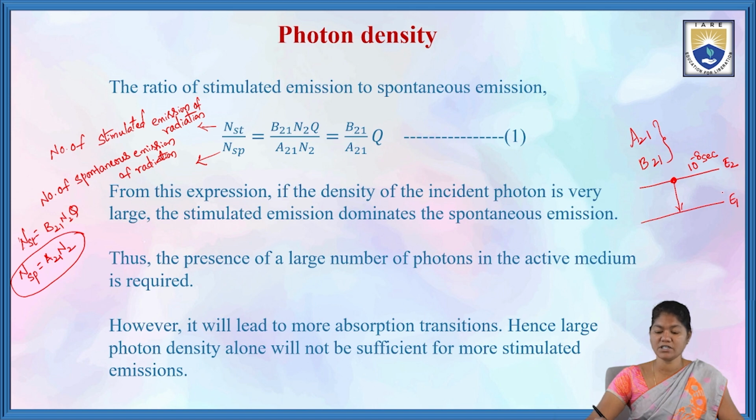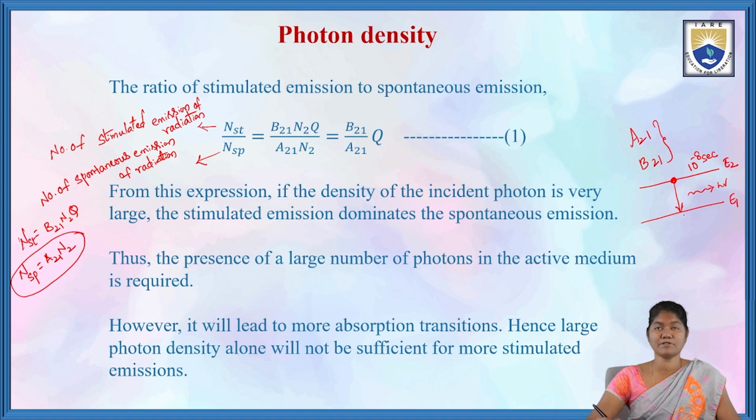While it transits to lower energy state, it emits radiation. This is called spontaneous emission of radiation. Spontaneously the atom transits from higher energy state to lower energy state by emitting a photon.